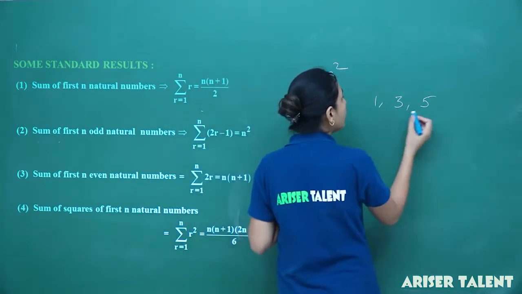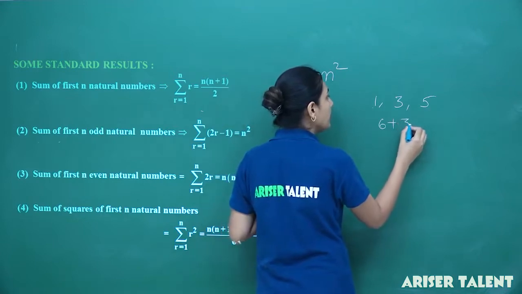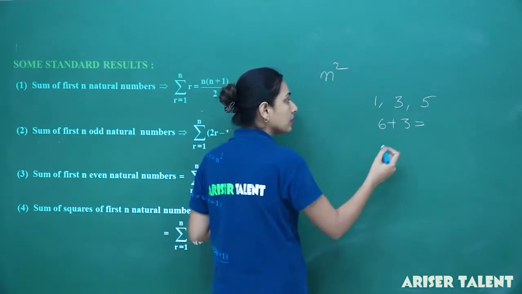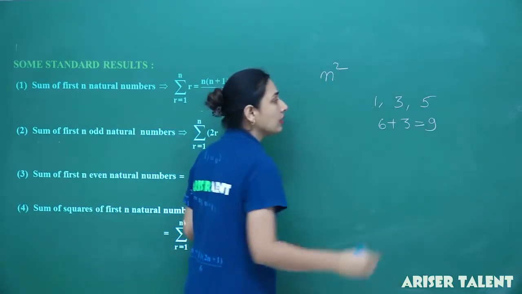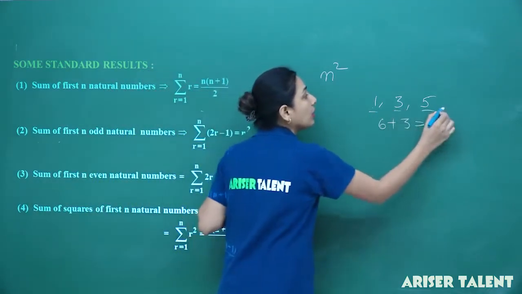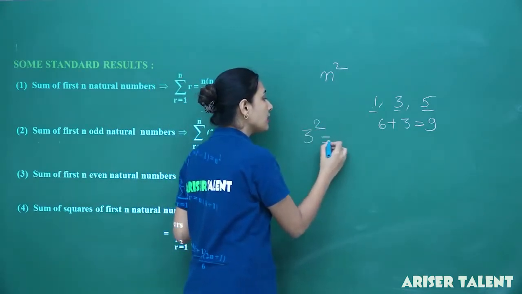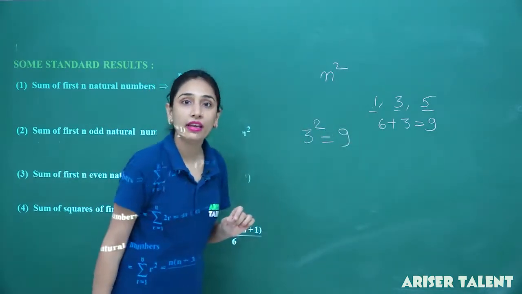Now what is the sum? 5 plus 1 is 6, plus 3 equals what? 9. Now students, if you look, these are 3 odd numbers. So n square is 3 square, and that's 9.